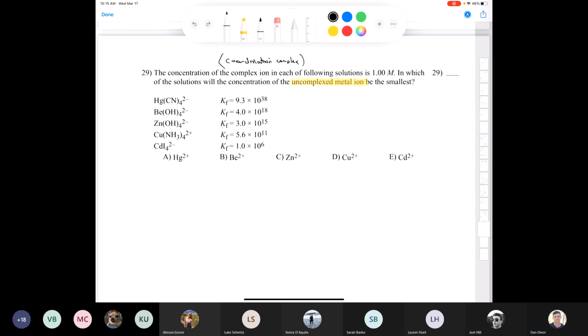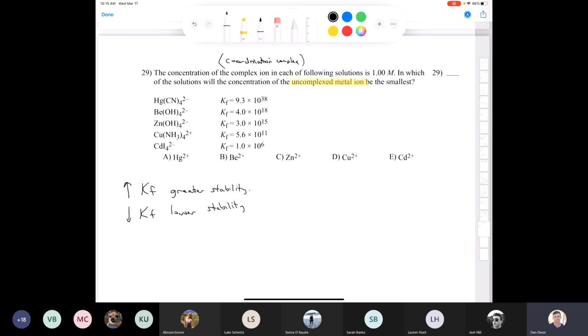So if the Kf is high, it means greater stability, which means that more of the coordination complex would be formed. If the Kf is low, it means lower stability.